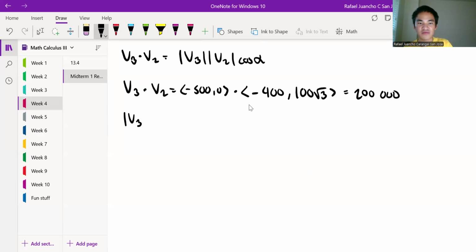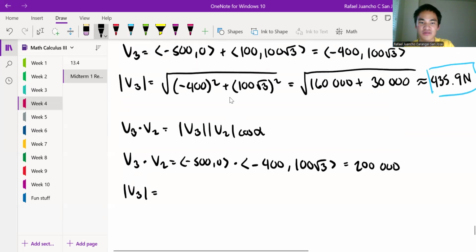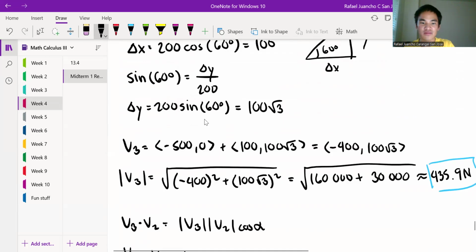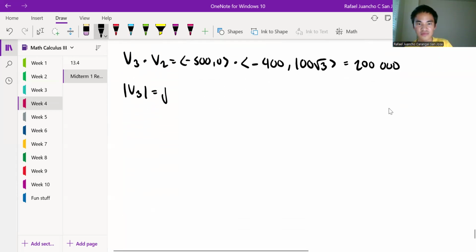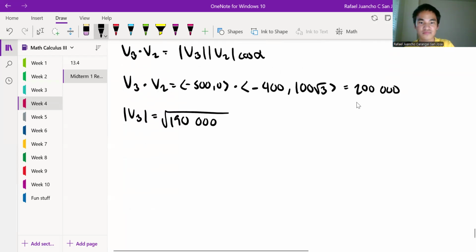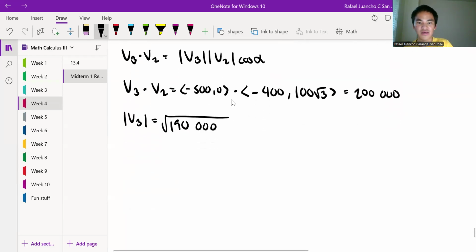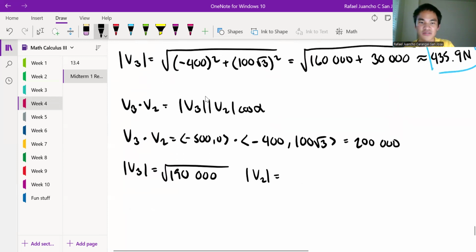So my magnitude of V3 should be what? Oh, my magnitude of V3 is this one. So let me not round off for a while. Let me actually just be exact here. Then my V2. Well, V2 should be easier, right?